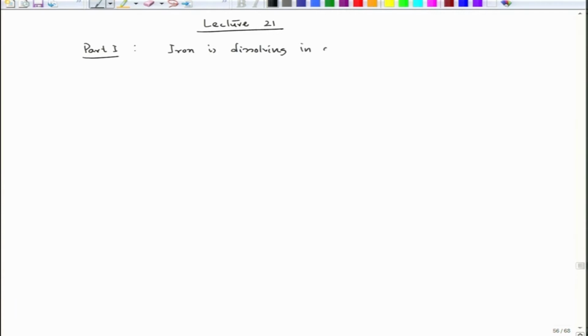dissolving in an acid at a rate of, let us say, 50 mdd, and the pH of the solution is 3, and we need to find out E corr and I corr, and the E corr should be with reference to the saturated calomel electrode.